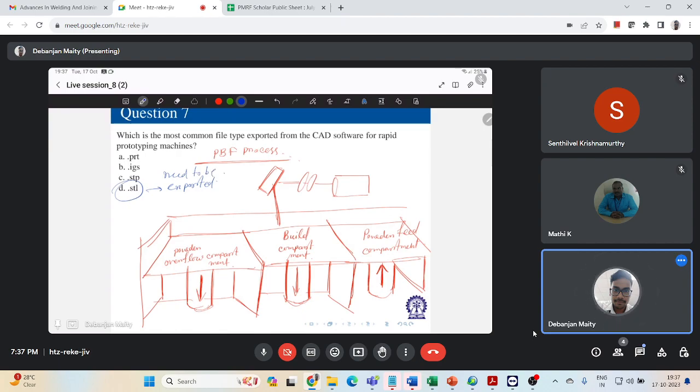Then it needs to be given to your machine, and there is slicing software in your machine, which basically forms it into 2D layers and then makes it 3D by extruding.